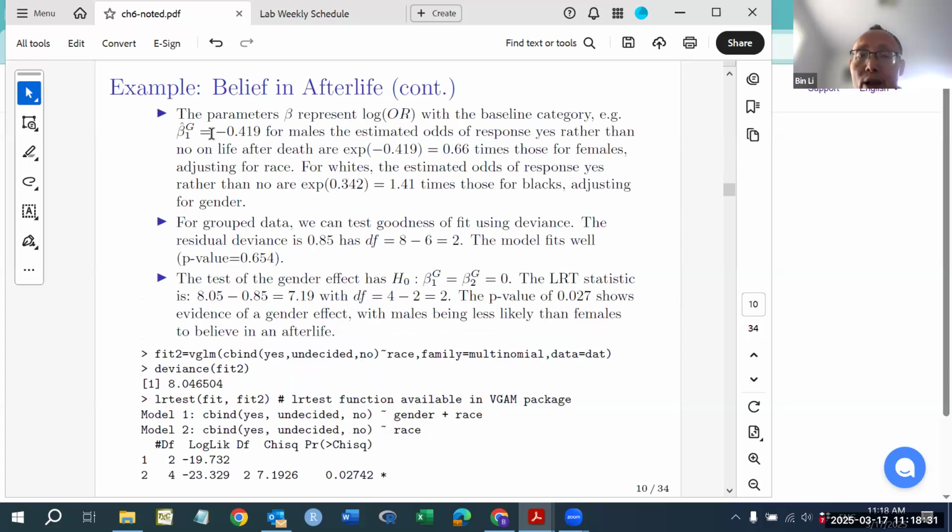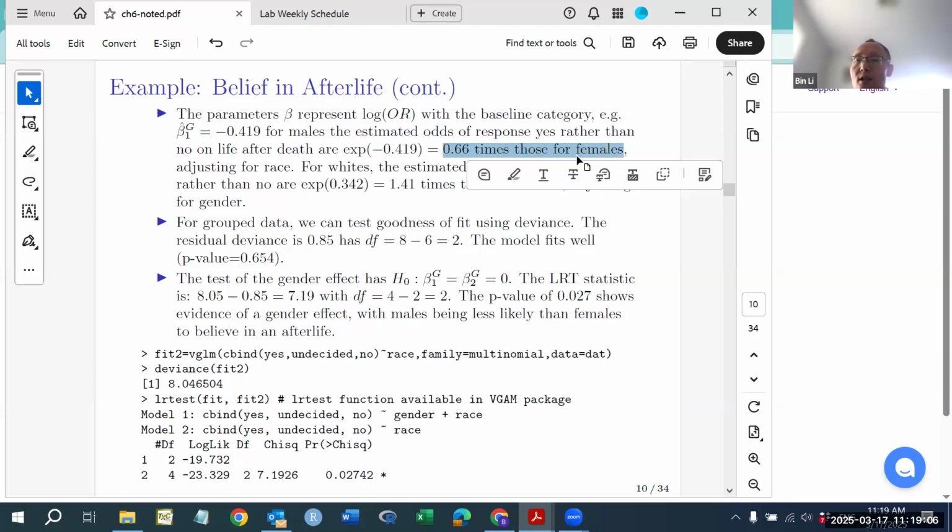We can interpret it as: for males, the estimated odds of the response yes, that's category 1, rather than no, the baseline group, on life after death are exponential of this beta, which is 0.66 times those for females.